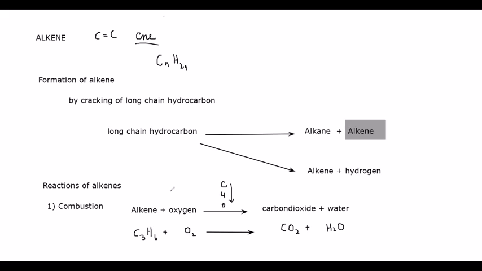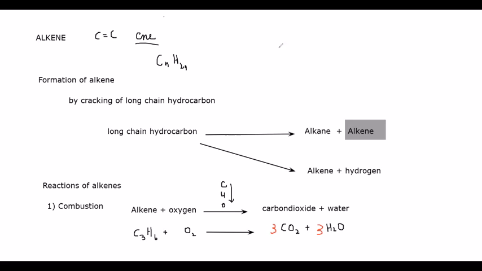So whenever you try to balance this equation, you start with carbon. On the left hand side, you have 3 carbon. How many carbon should be there on the right hand side? It should be 3 as well. So we put 3. Carbon is balanced. For hydrogen, we have 6 hydrogen on the left hand side, so we should have 6 hydrogen on the right hand side. So we put 3, because 3 multiplied by 2 makes 6.